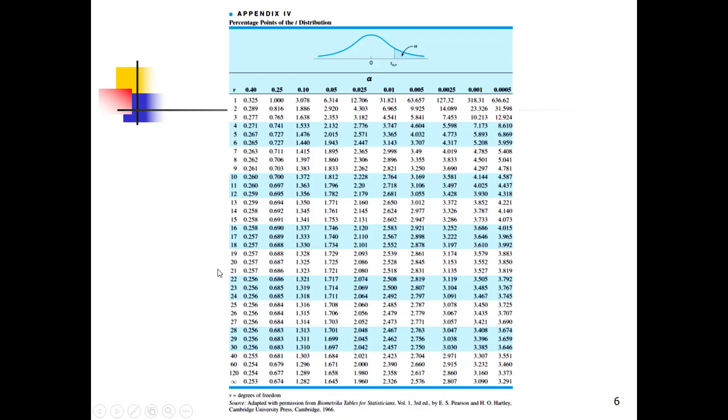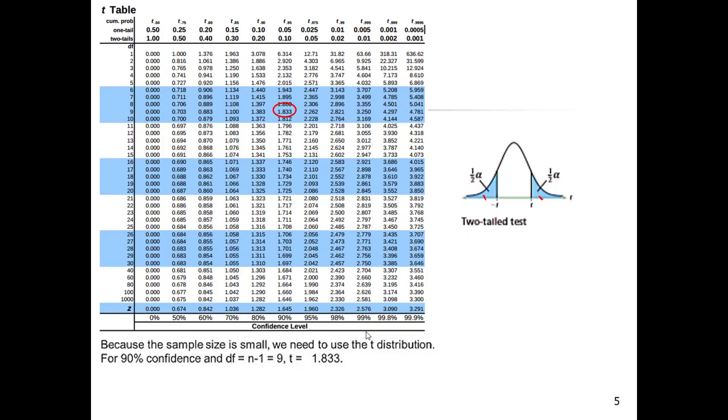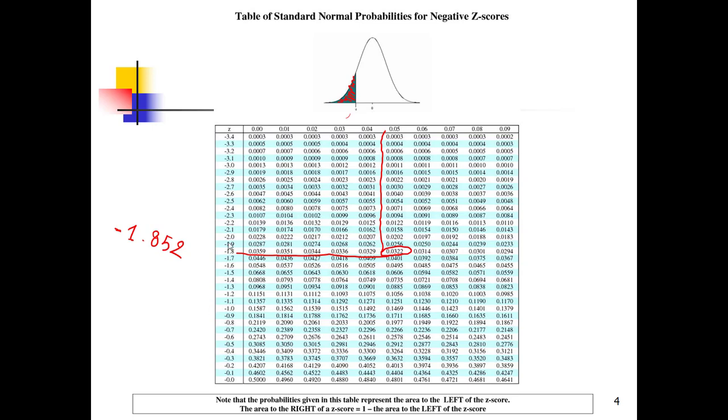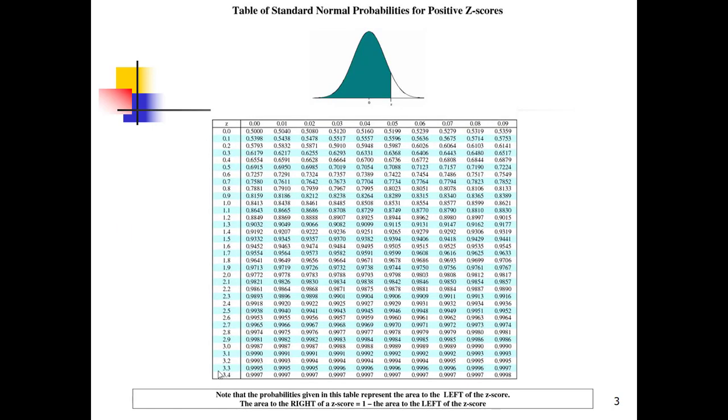Okay. So, but in general, for high degree of freedom, don't forget that. If degree of freedom is large, the z and t values are very similar. You see that the maximum z that we have is how much? Minus 3.4. For the positive is 3.4, something like that.